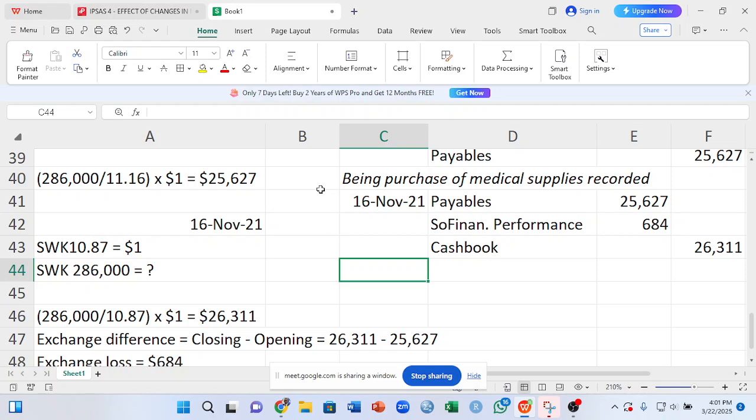From the balance at the end, we debited the exchange loss, and then we made payments of the materials that were bought, 25,627. With the double entry, we established that the payables, the items we purchased on credit, were paid, and the loss we incurred has also been catered for with this cash amount of 26,311. That's how I understand it.